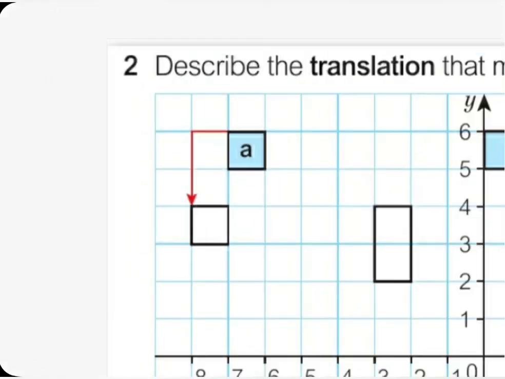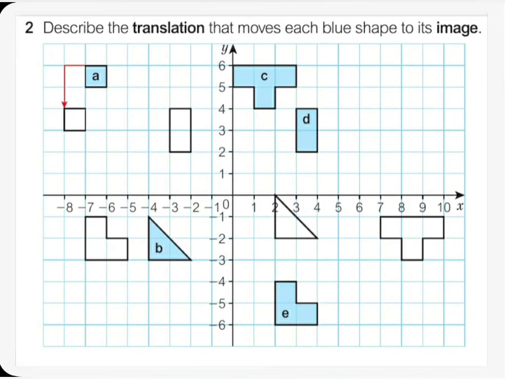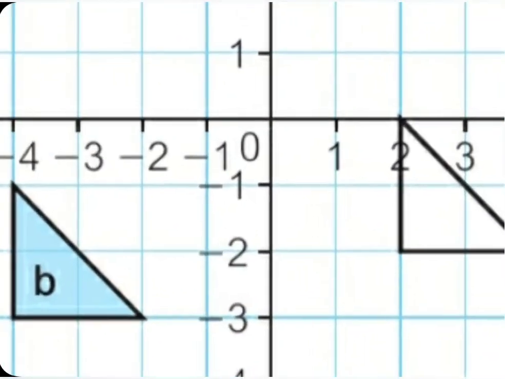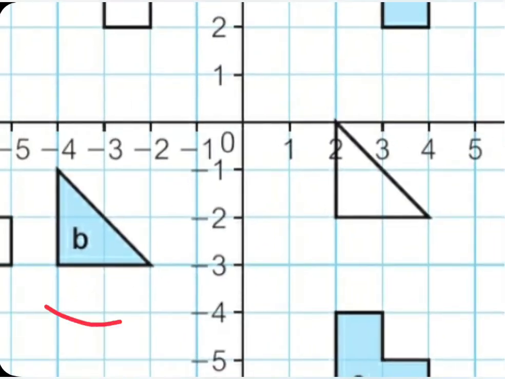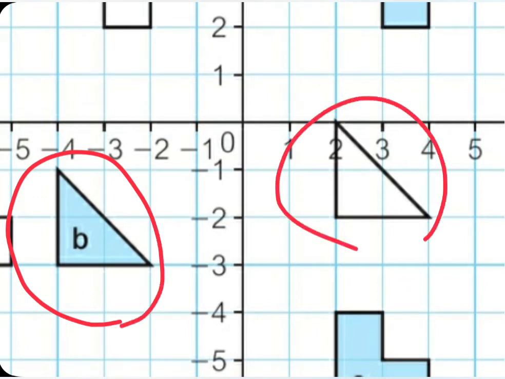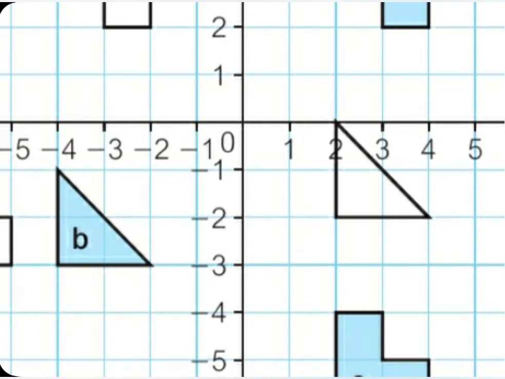Now, let's take B as another example. Shape B. When you take a look at the shape B and the image B, and what happened between them, you have to describe it as a translation because it moved from here to here. Now, to describe B, you can use one of the points of B. For example, this point here.